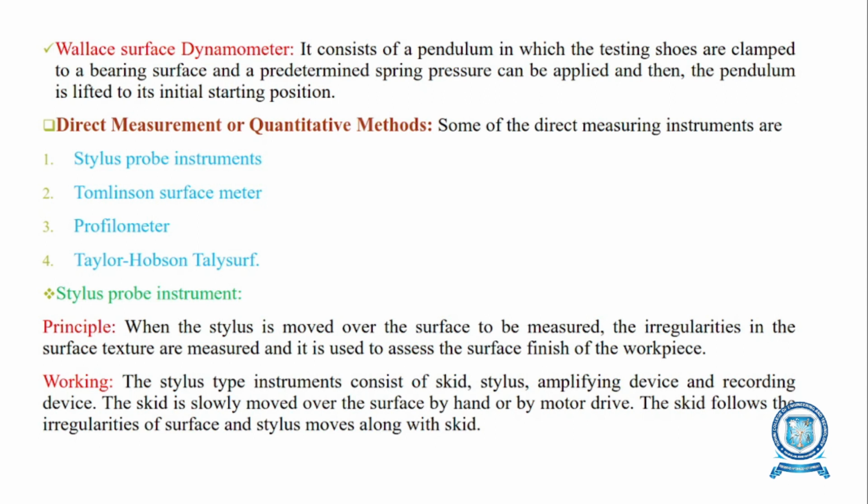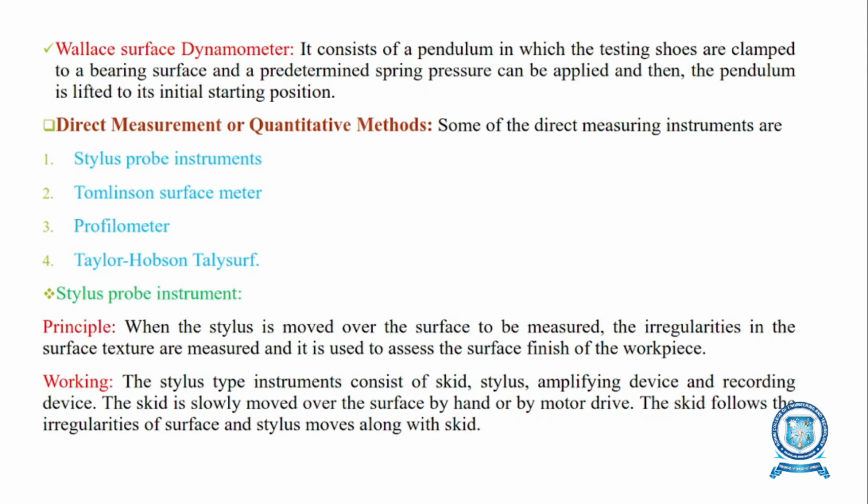So now we are going to see the principle of the stylus probe measurement instrument. This stylus is moved over the surface to be measured. The irregularities in the surface texture are measured, and this is used to assess the surface finish of the workpiece.